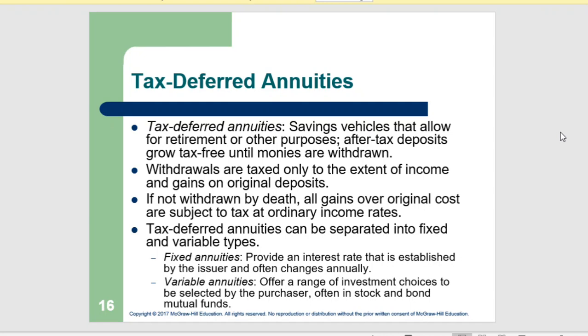And so, if you're invested in a variable annuity and the markets do well, then your payments will be larger than if it does not. In general, annuities tend to have low returns because they're very low risk investments. With a fixed annuity, you have a guaranteed payment.